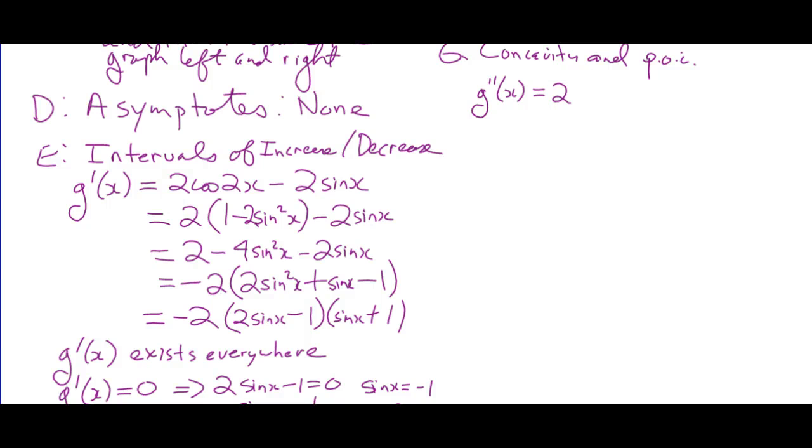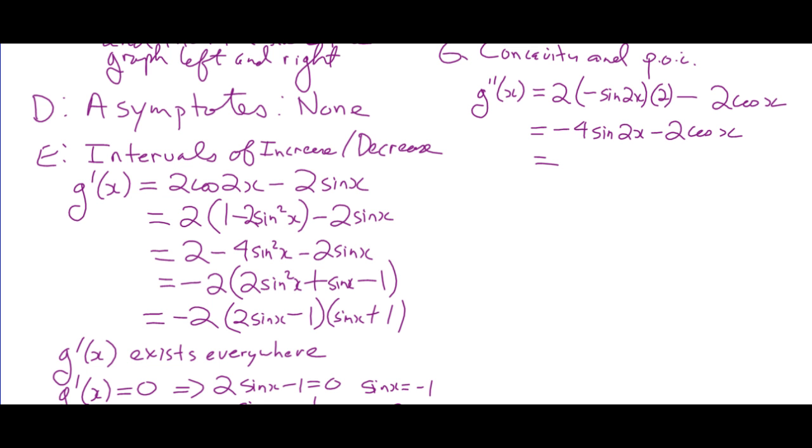Let's do it this way. So 2, and then we've got minus sine 2x, and then we got another 2 minus 2 cos x. So minus 4 sine 2x minus 2 cos x.